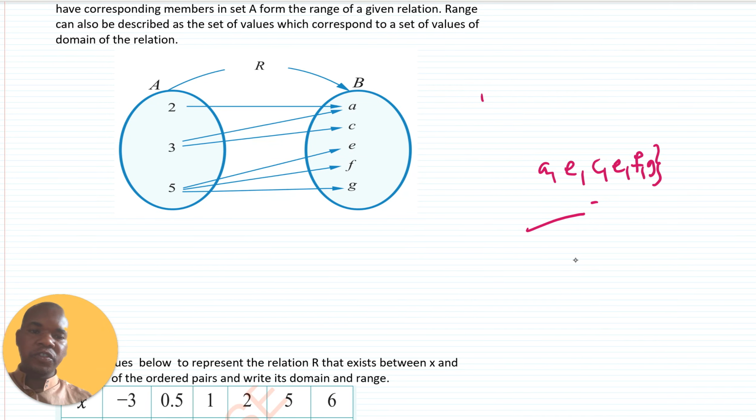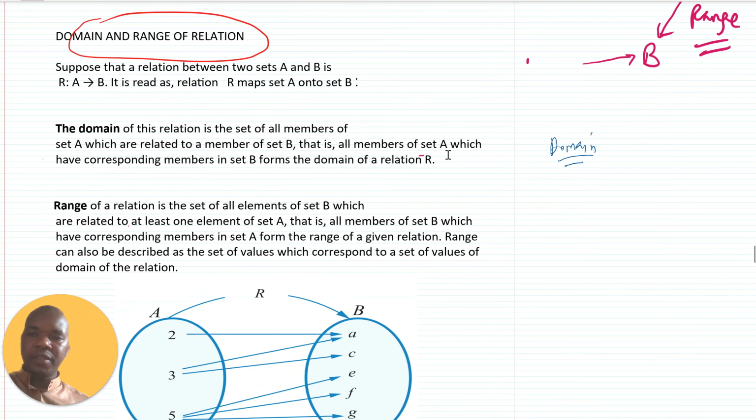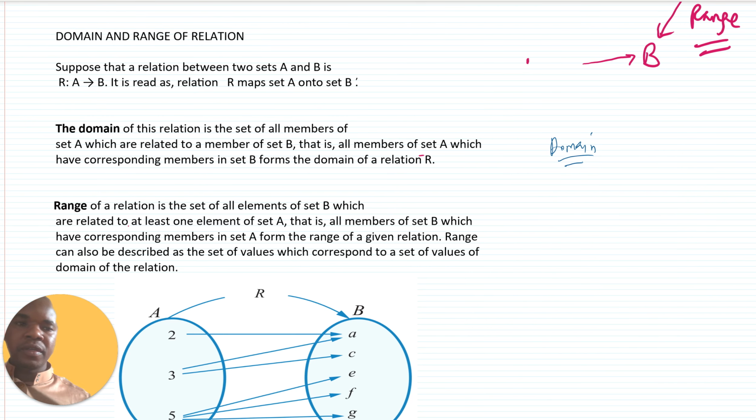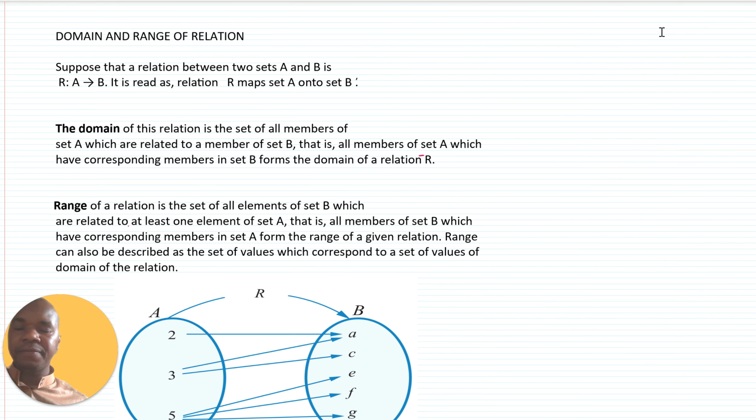Welcome, and we're going to continue with mathematics from Form 3 topics, and our topic is relation. Today we are going to cover part of domain and range. So, domain and range of any given relation, dear students.